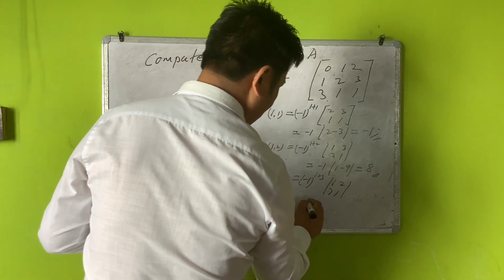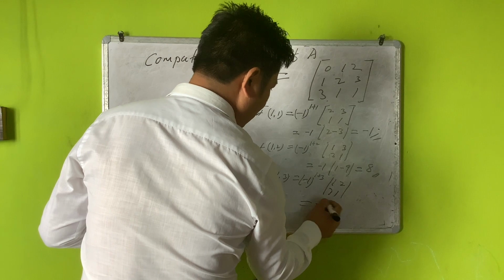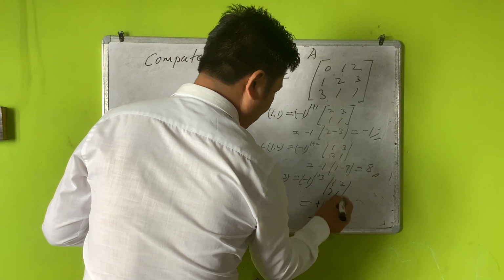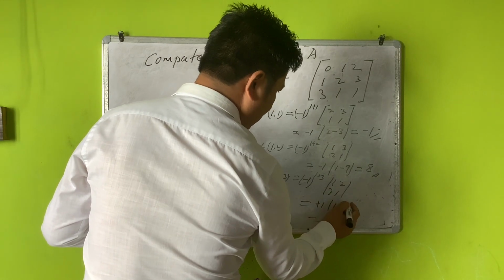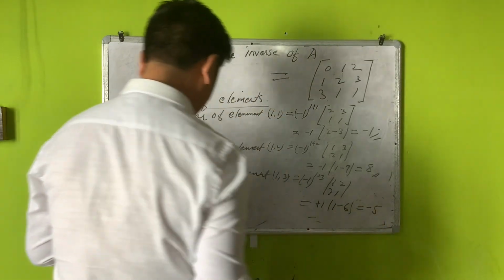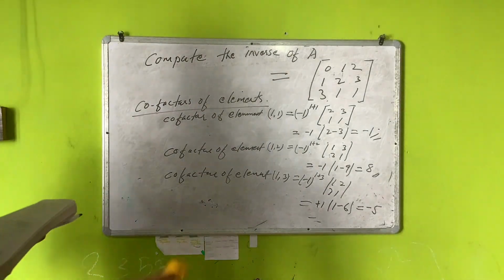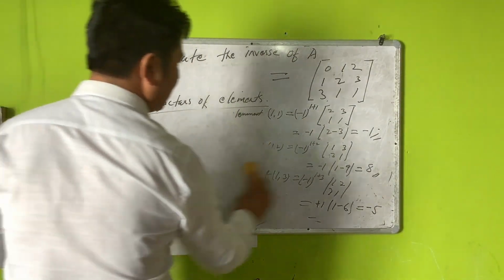So it will be plus 1 times (1 minus 6), which is equal to minus 5. Okay. Continue, you have to continue like this.